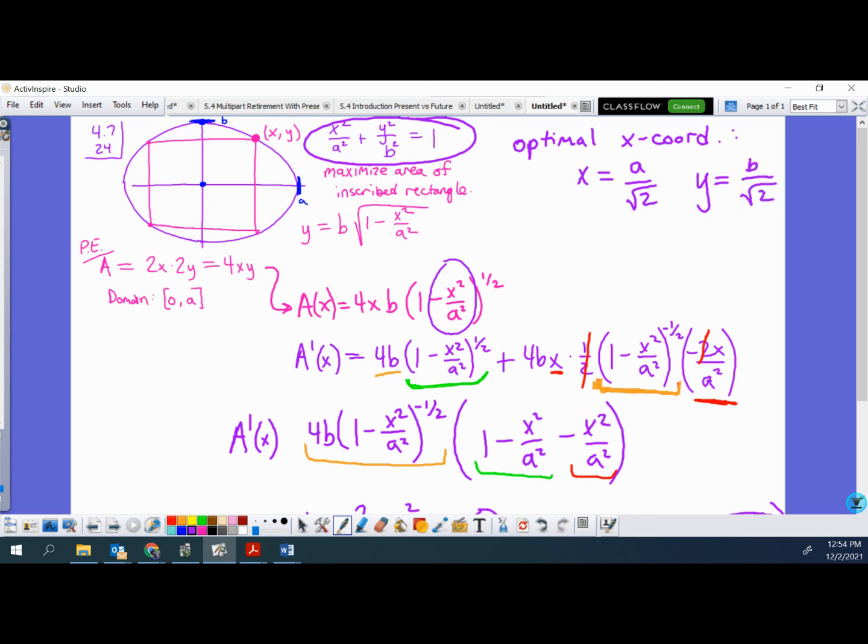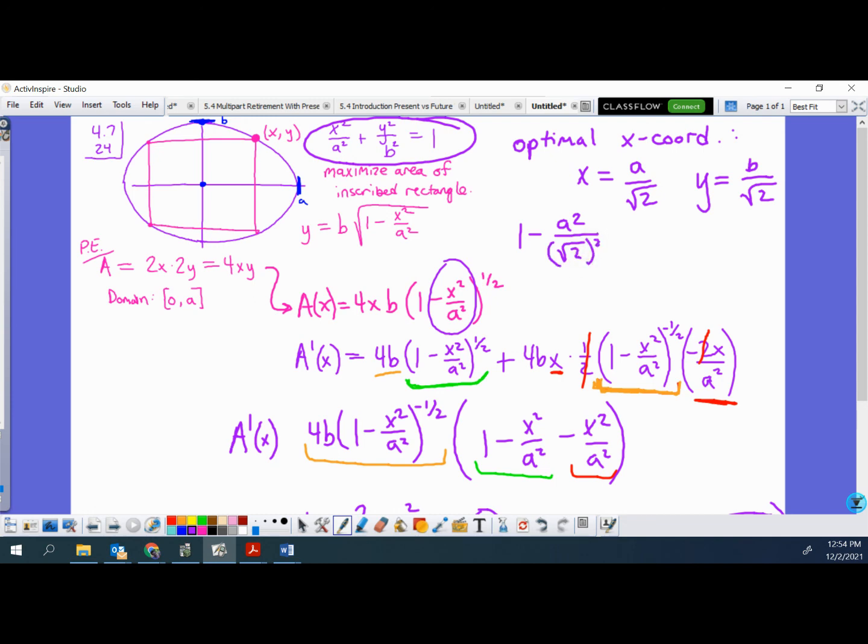you can go back in to here and substitute in the x coordinate. And notice the b on the outside. So I guess what I'm saying is that inside should turn into 1 over 2 inside of that radical. Let's test it out. 1 minus, and then x squared. So it's going to be a squared over radical 2 squared.